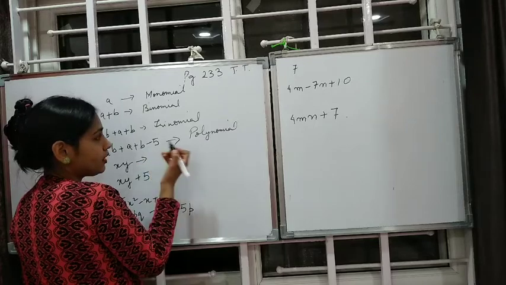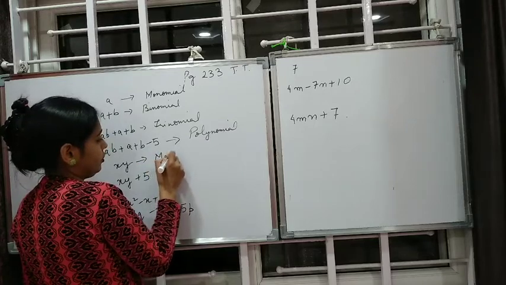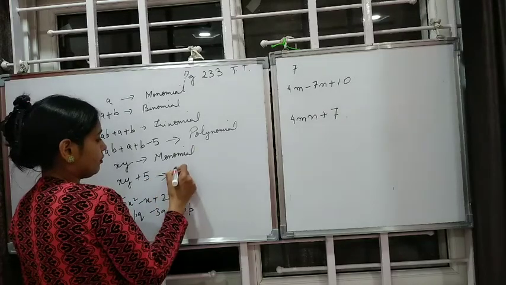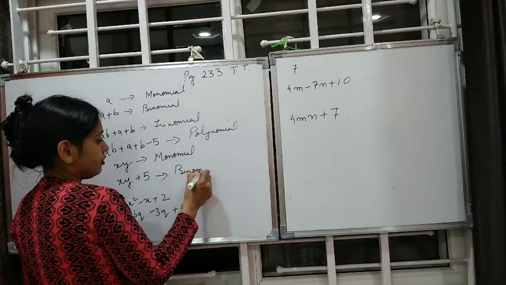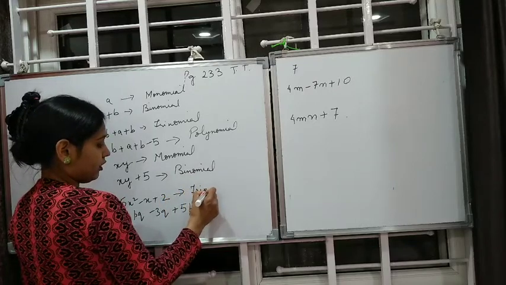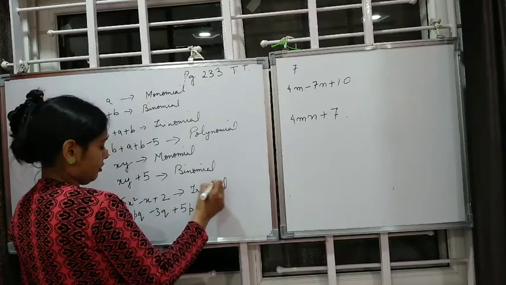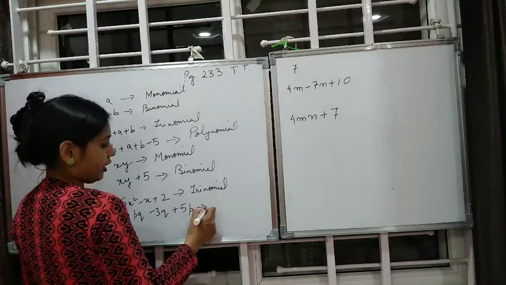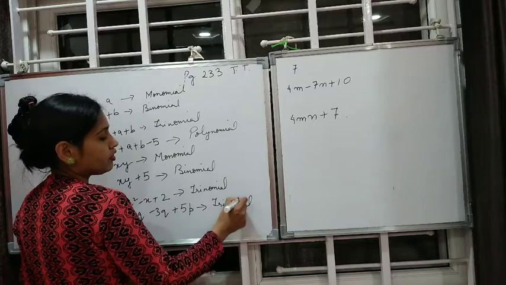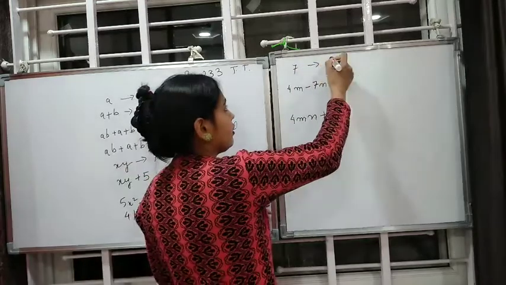xy, 1 term, monomial. Then 2 terms, binomial. Trinomial, 3 terms. Then 1, 2, 3 terms again. So children, it's a trinomial again.